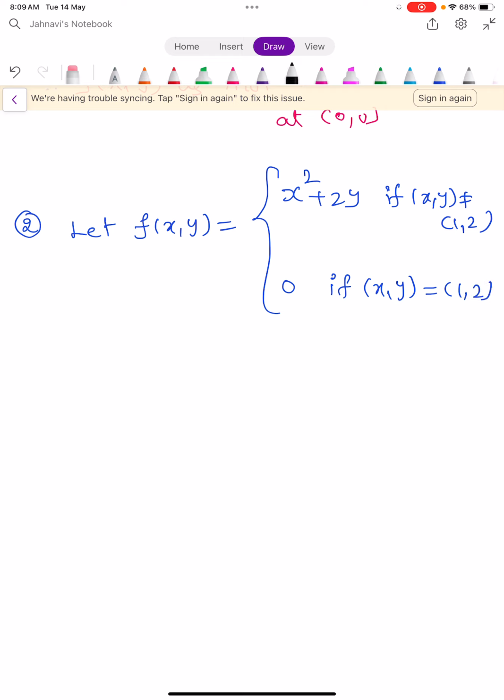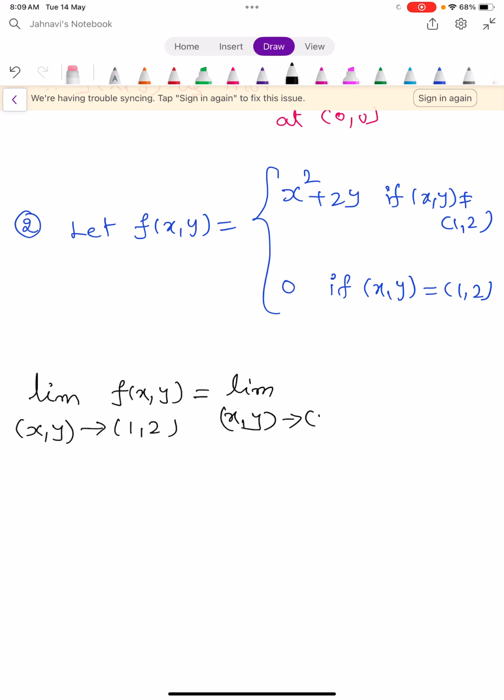Now calculate the limit. Limit x comma y tends to 1 comma 2 f of x comma y is equal to limit x comma y tends to 1 comma 2 x square plus 2y. So you simply get 1 plus 4 which is equal to 5.